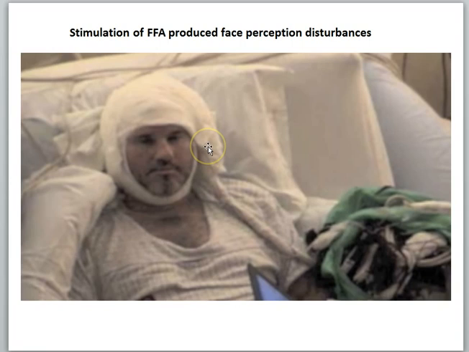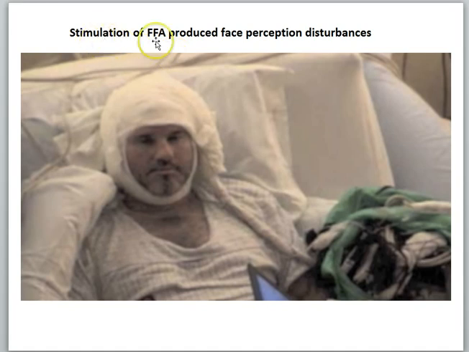Oftentimes, doctors will implant electrodes to identify which part of the brain is causing the epilepsy. And it just so happened that some of the electrodes were in the fusiform face area, so they wanted to see what would happen if they stimulated that fusiform face area.